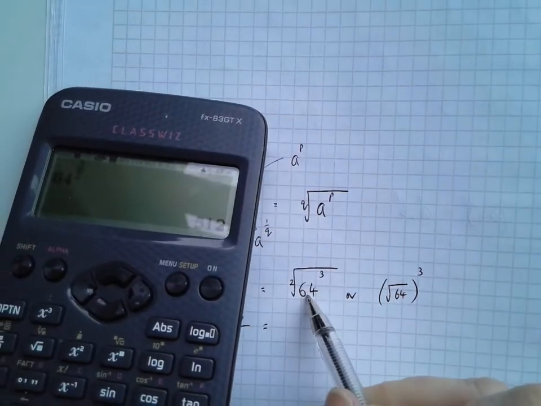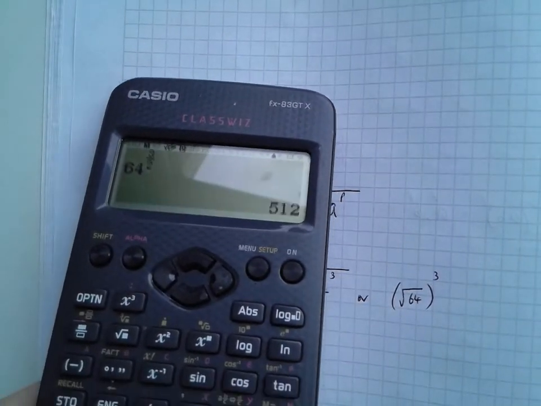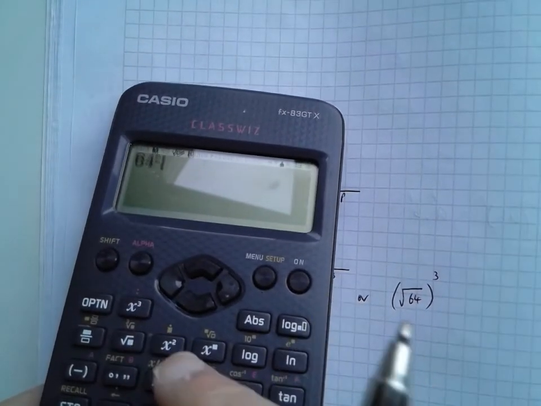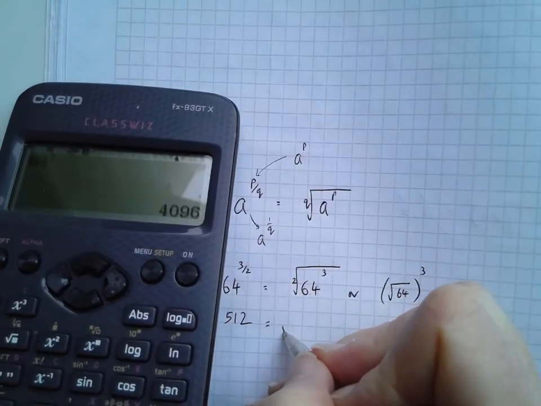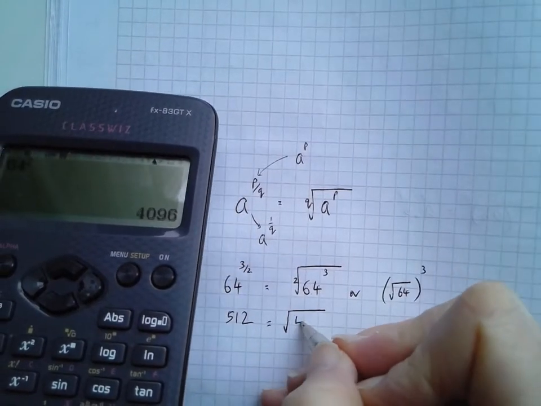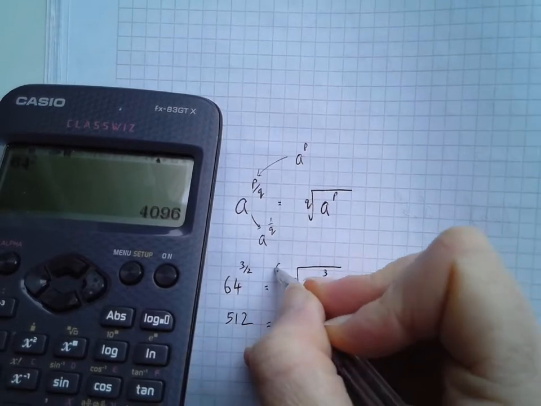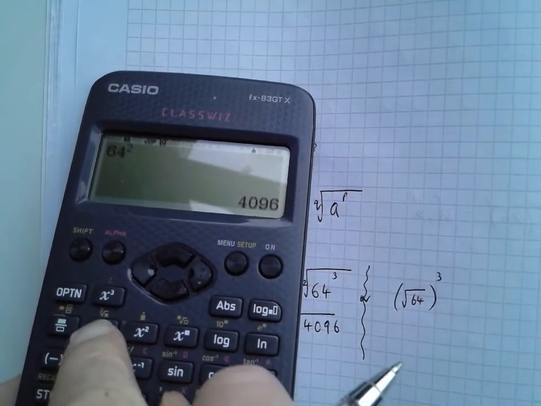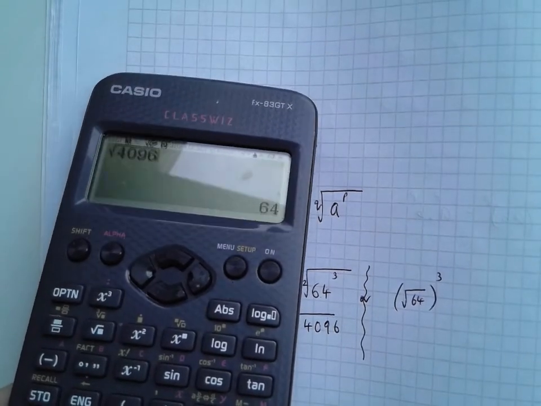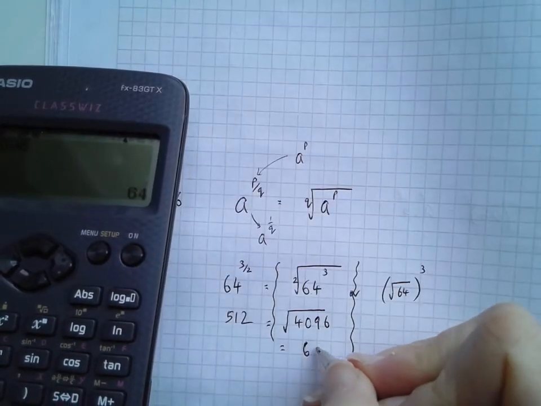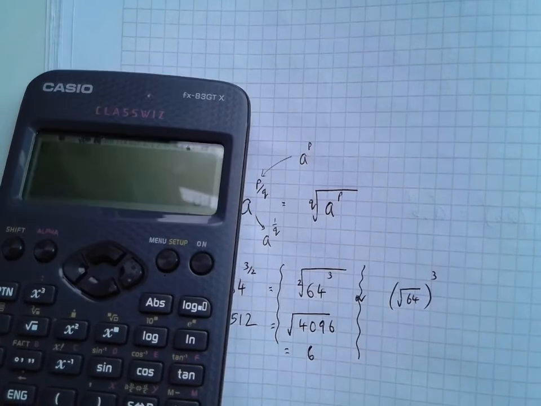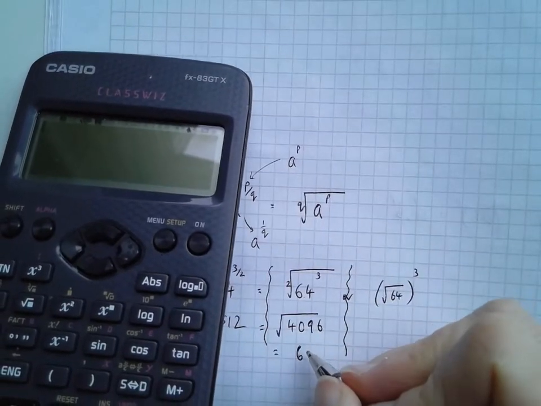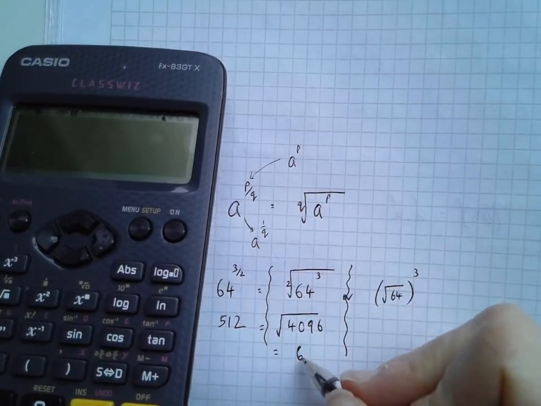But let's do it this way. 64 squared is 4096. Sorry, 64 cubed is 4096.